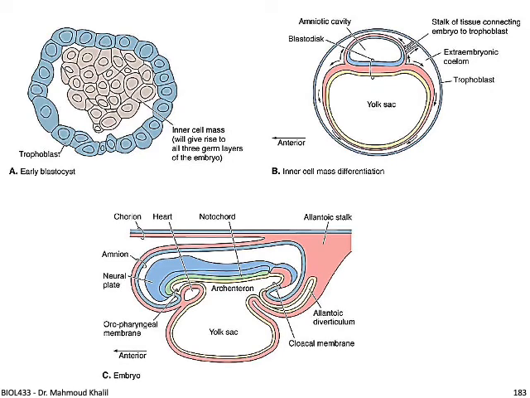Going again to see the whole picture, you can see that the early blastocyst consists of trophoblast and the inner cell mass. Soon after that, the inner cell mass differentiates into the epiblast and the hypoblast, and two cavities arise, the amniotic cavity and the yolk sac.